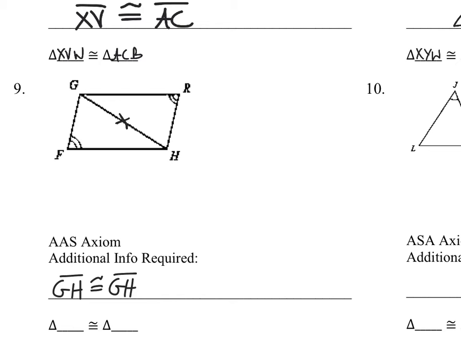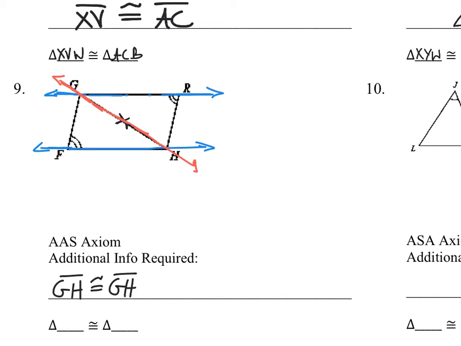We also need one other piece of information, because again, if it's AAS, I need a second angle. All right, so we're looking at a parallelogram, and a parallelogram is just basically a larger example of two parallel lines that are cut by a transversal. If two parallel lines are cut by a transversal, then your alternate interior angles would be congruent. So I have a lot of different possibilities here.